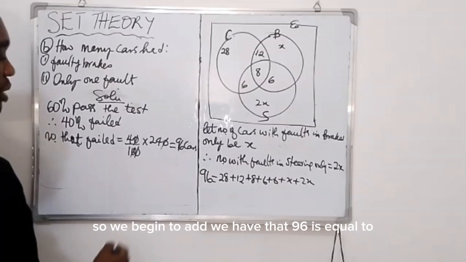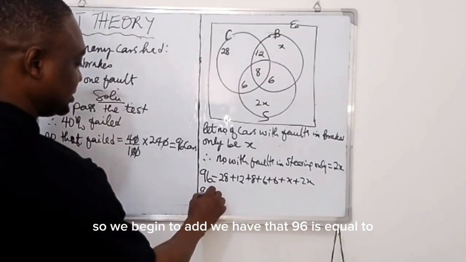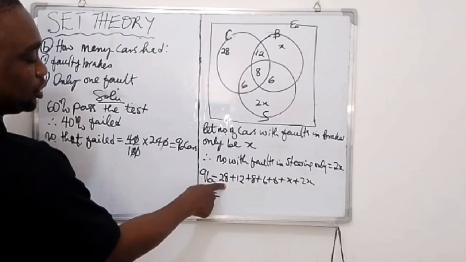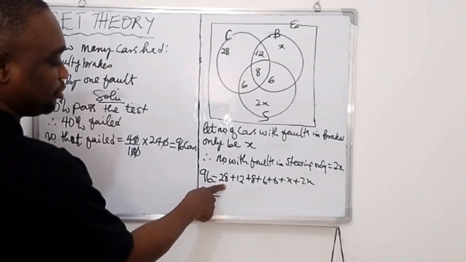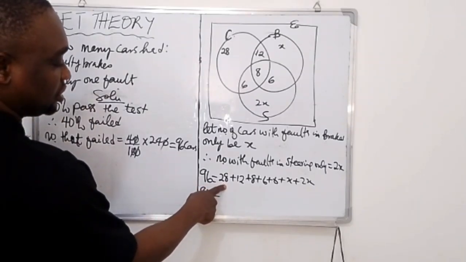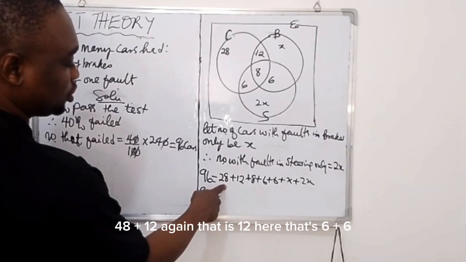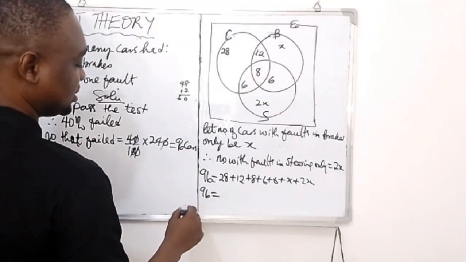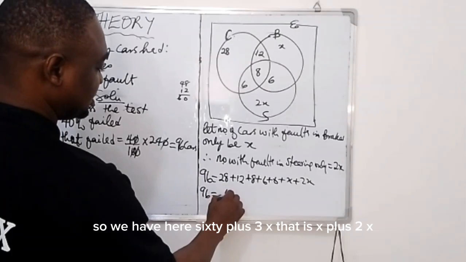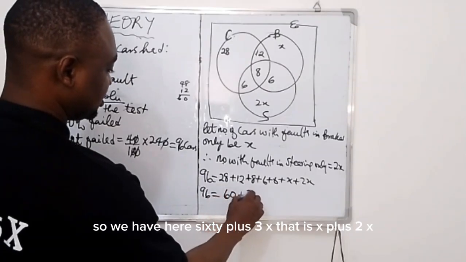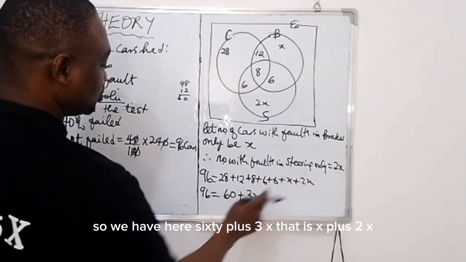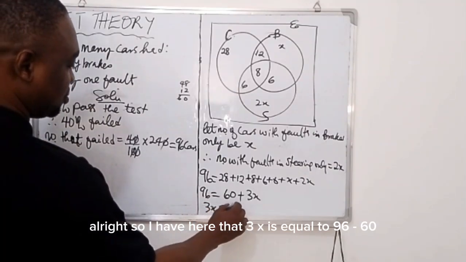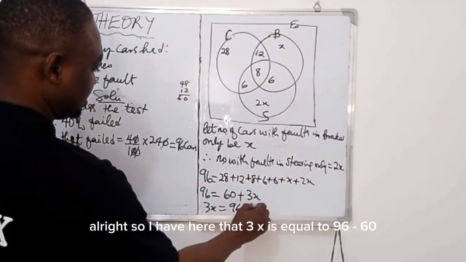So we begin to add. 8 plus 12 is 20. 20 plus 28 is 48. 48 plus 12, that is 12 here, plus 6 plus 6, that's 60. So we have here 60 plus 3x, that is x plus 2x. All right, so I have here that 3x is equal to 96 minus 60.